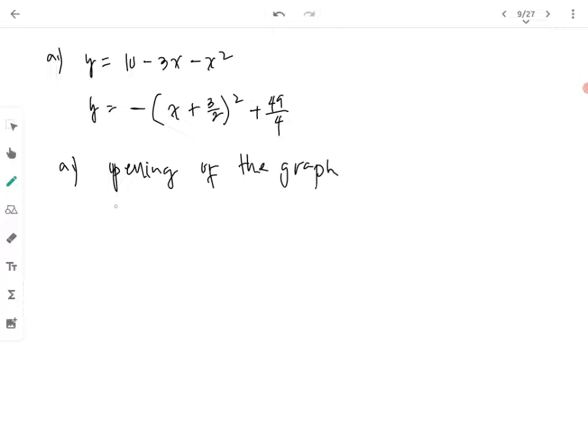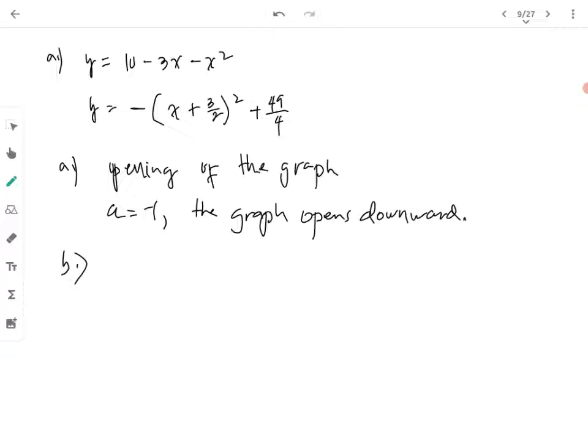A is negative 1, that's negative, so the graph opens downward. So by this time, we know that the graph opens downward.